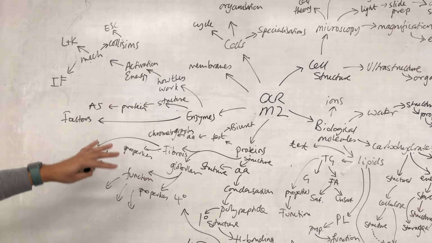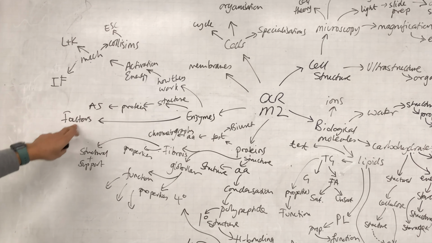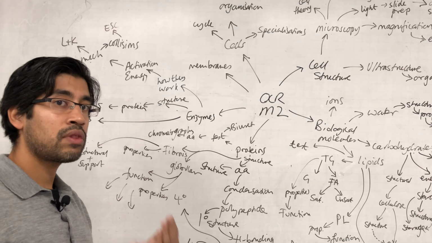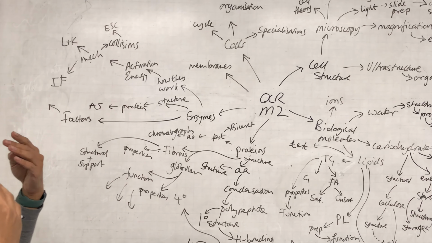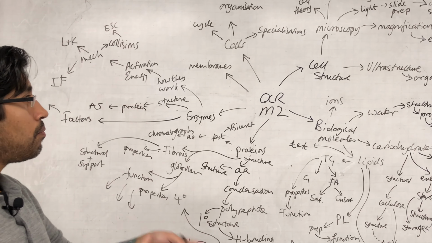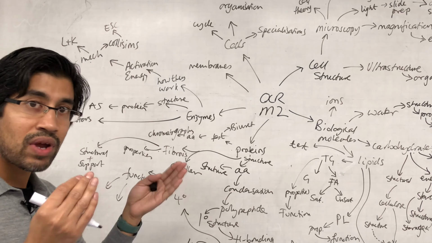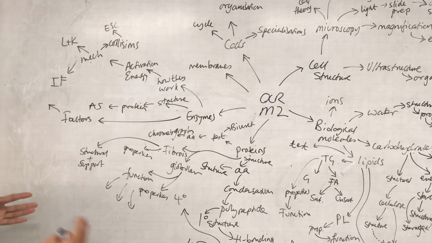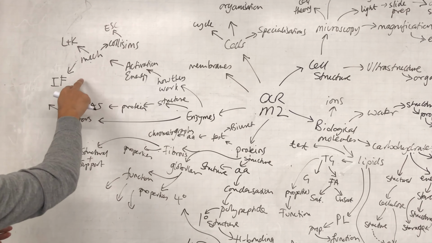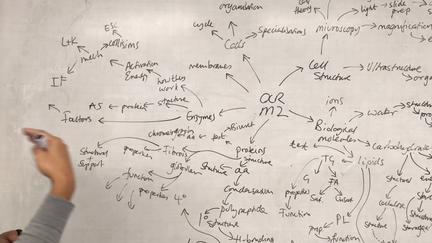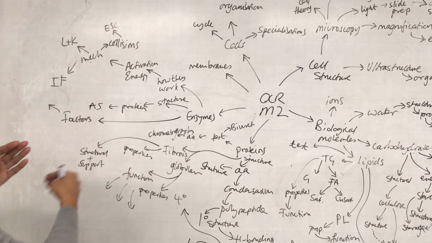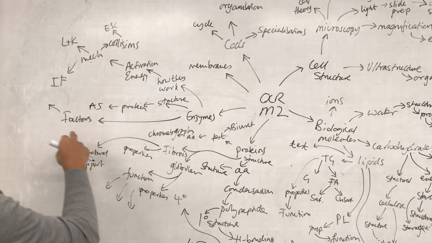Okay, so where were we? We're looking at factors that can affect enzymes. So know the factors and be able to explain how they affect the rate of an enzyme controlled reaction, using your idea of the shape of the protein, the shape of the active site, collisions, activation energy, and so on.